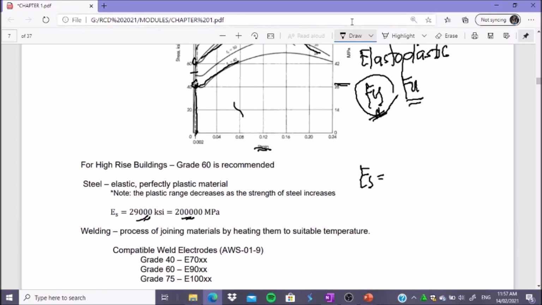So always use 200,000 megapascals in SI units.